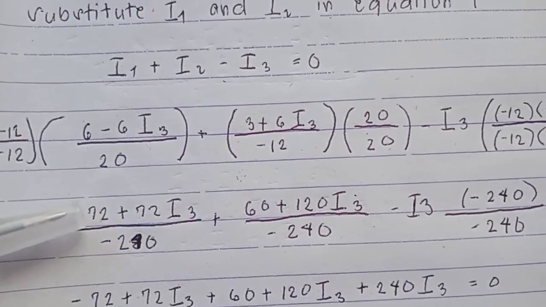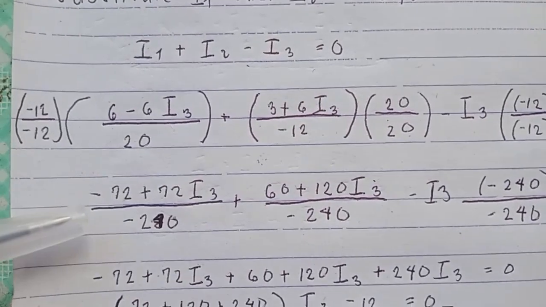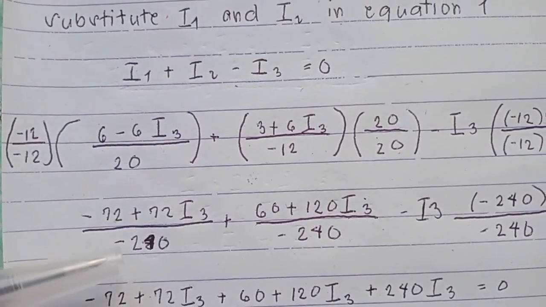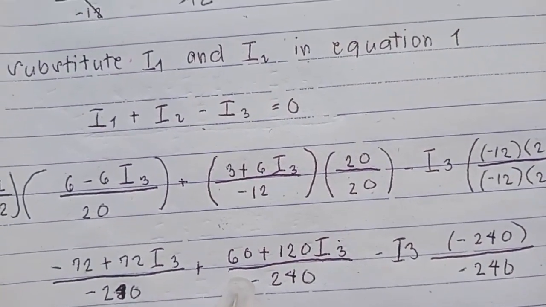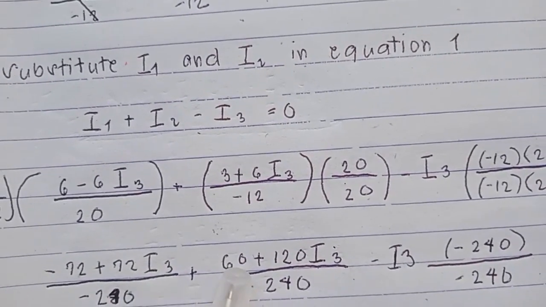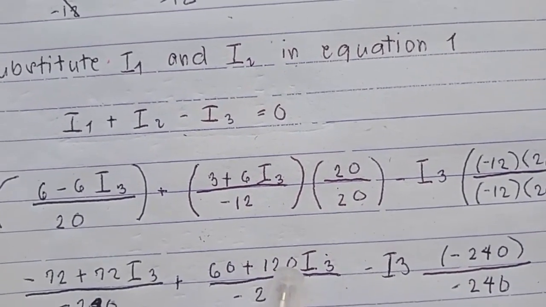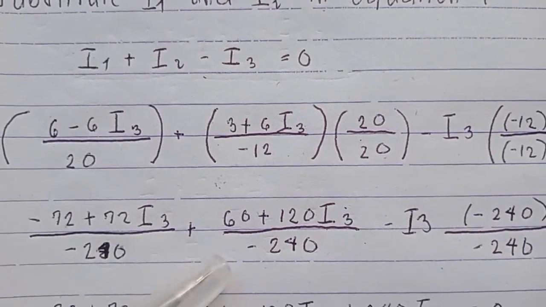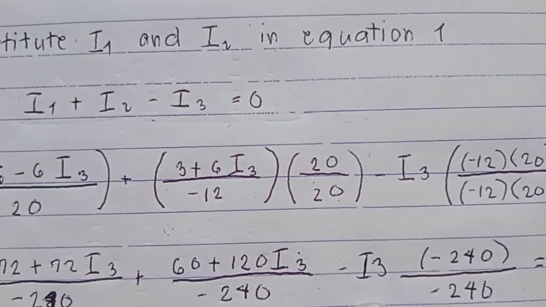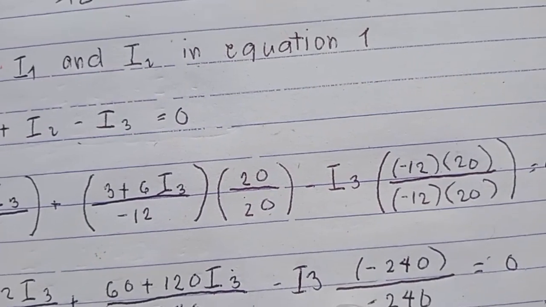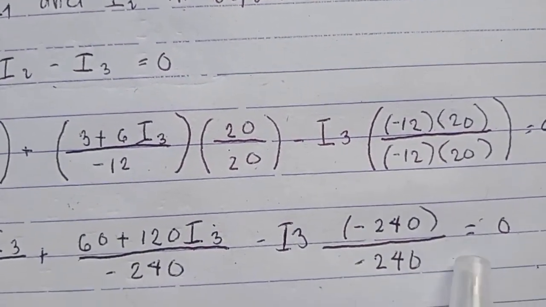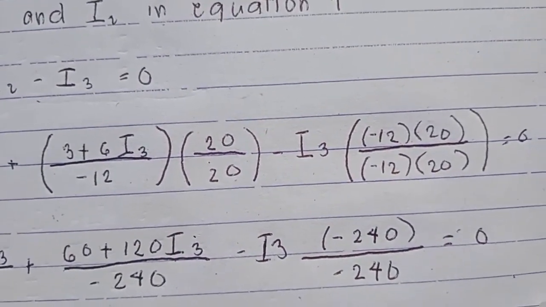Negative 72 plus 72I3 all over negative 240, plus 60 plus 120I3 over negative 240, minus I3 over 1, multiplied to get negative I3 over 240, is equal to 0.